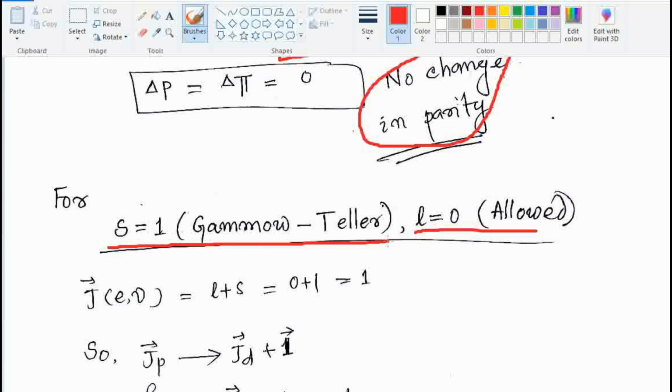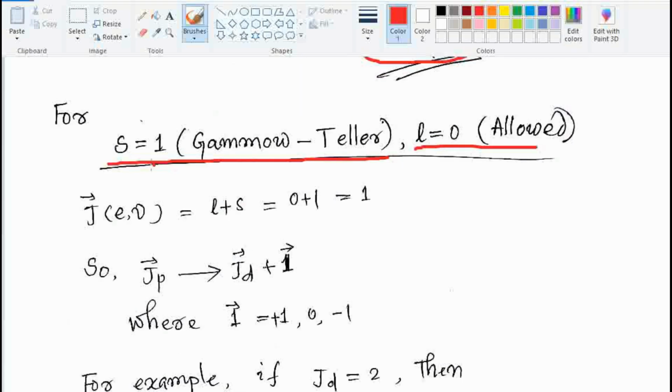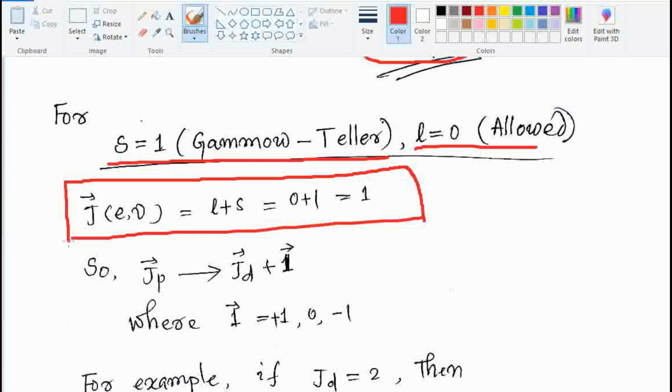Okay, so you see, if S equal to 1 and L equal to 0, then what is the spin of the outgoing particle? The spin equals L plus S. That means L equal to 0 and S equal to 1, so the spin of the outgoing particle is 1. Now in this case, there is a change in spin between the parent nucleus and the daughter nucleus.